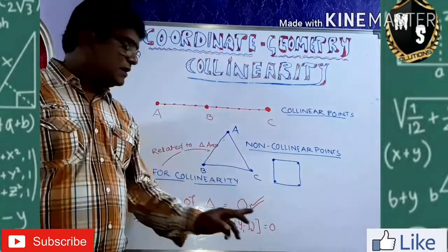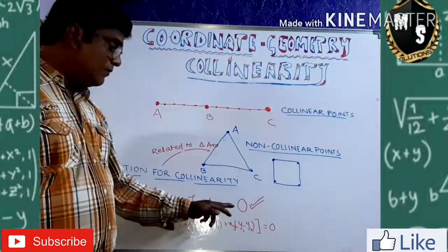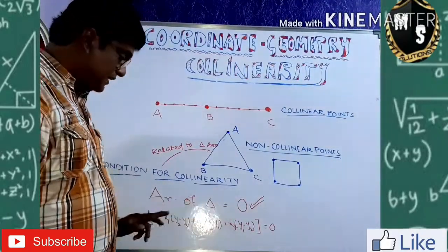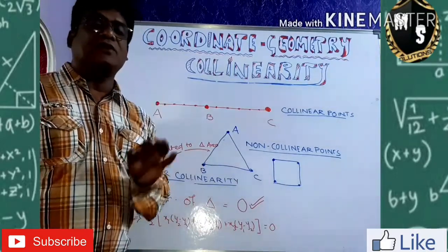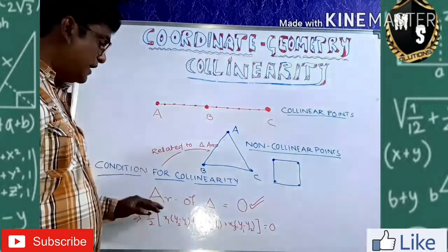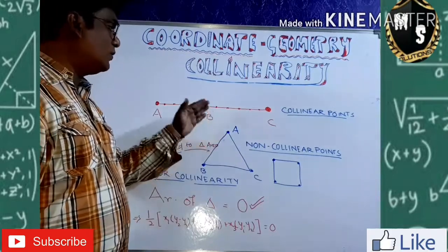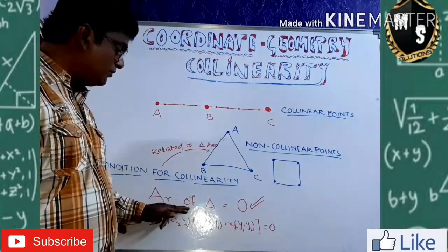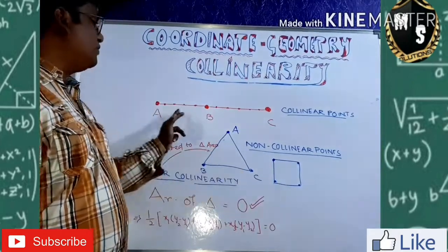VBI, very important. Try to understand it nicely. When the area of the triangle is equal to 0, then the 3 points A, B, C are called collinear points. Understood now? So the area of the triangle is 0, and right now they are collinear points.